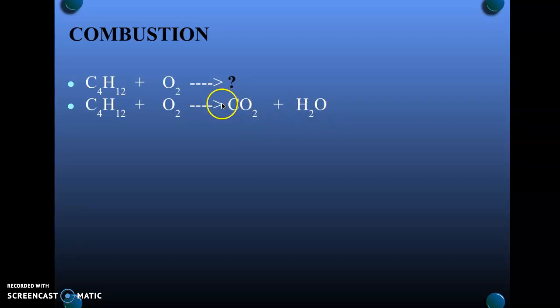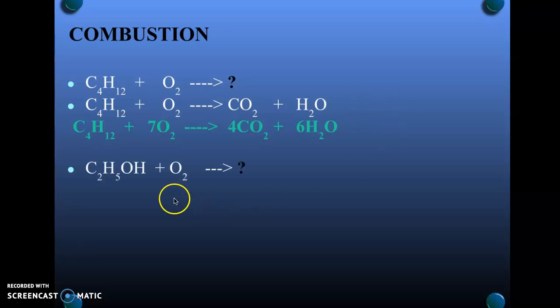So when we put a 4 in front of CO2, now you got 4 times 2, so that's 8 oxygens. And then when you put a 6 here, now you have 6 oxygens from here. So 8 and 6 gives you 14 oxygens. Well, we can put a 7 in front of the O2, and now that's all balanced out. So there's your balanced equation. So just like any other reaction, we want to figure out the products first and then balance it last.